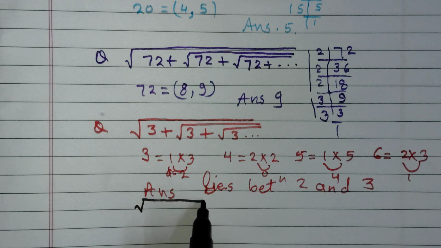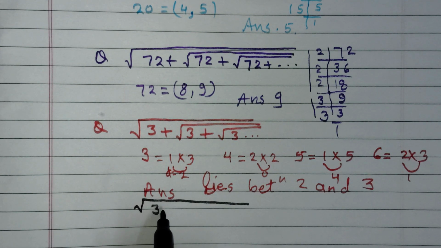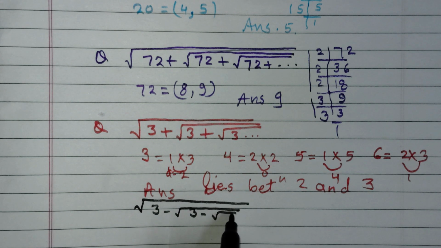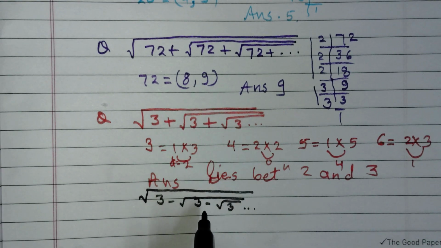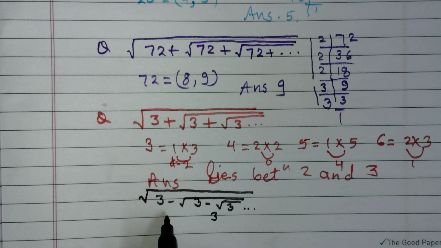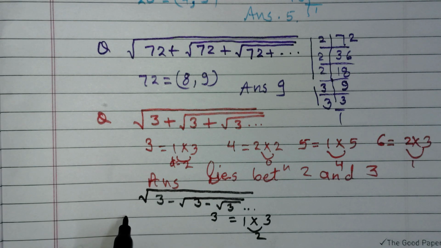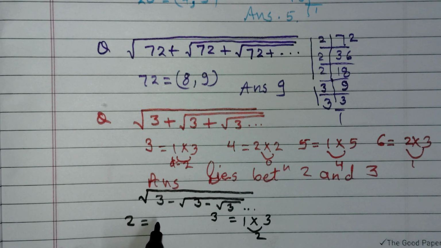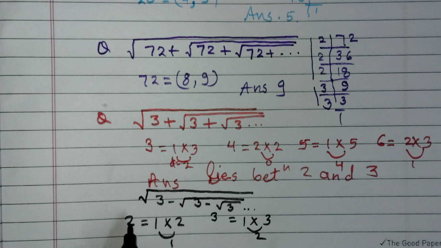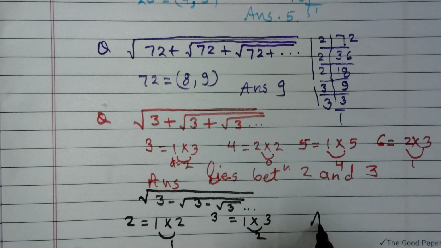In this type of problem, square root 3 minus square root 3 minus square root 3, we take the previous number of 3. 3 has factors 1 and 3, difference is 2, so this is neglected. The previous number of 3 is 2. 2 has factors 1 and 2 that have difference 1. So we take the answer as between 1 and 2.